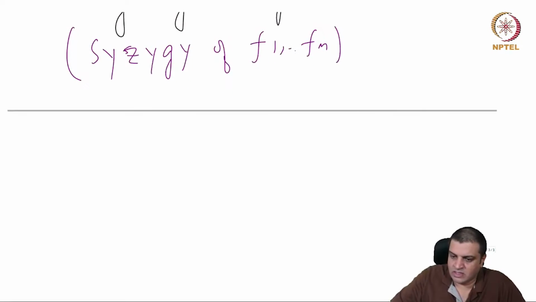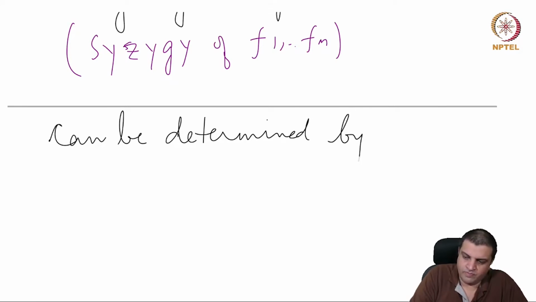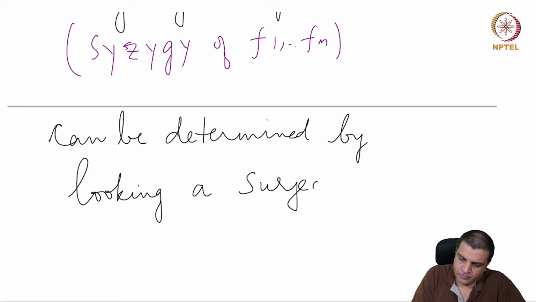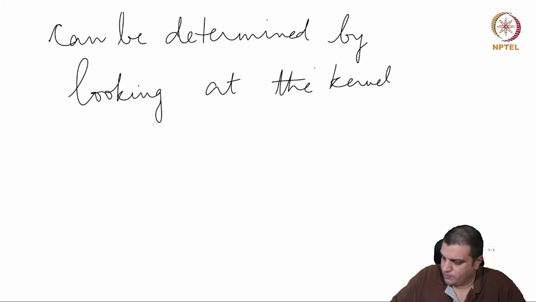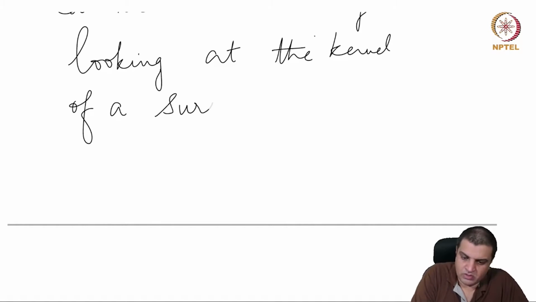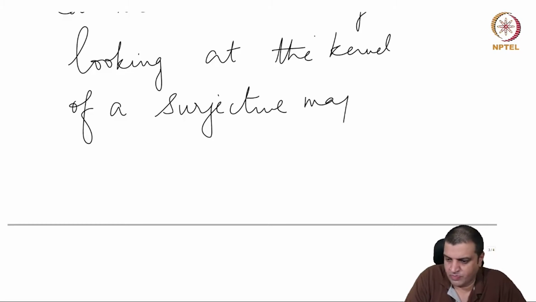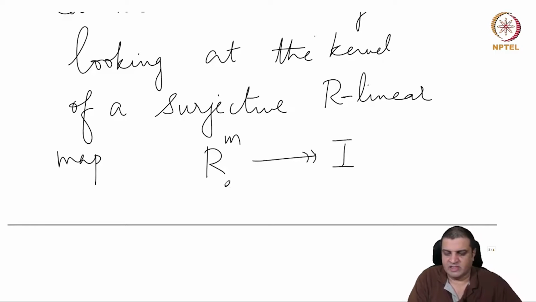The syzygies can be determined by looking at the kernel of the surjective R-linear map from the free module of rank m to I. A basis element here goes to Fi.